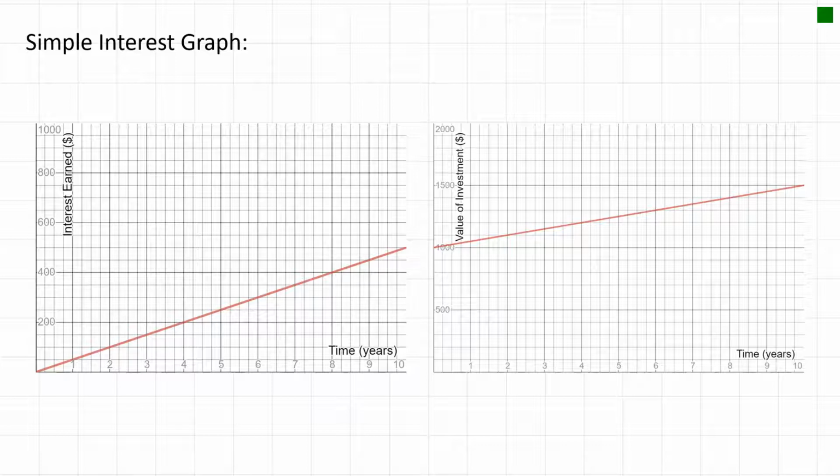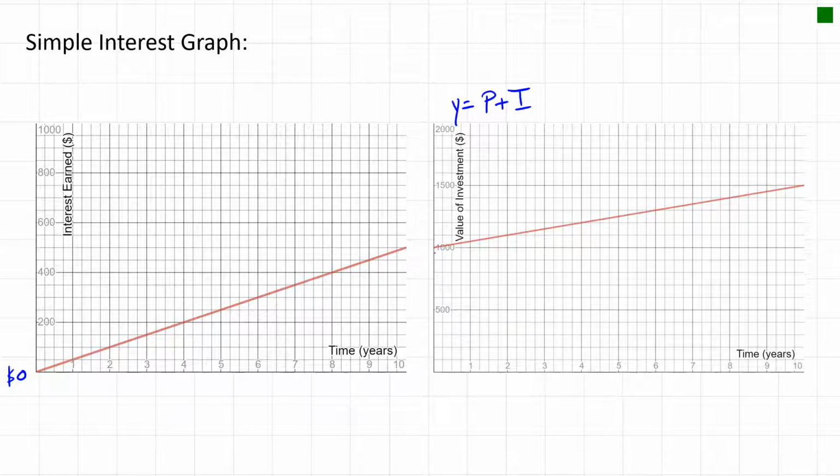So keep in mind that this first graph, on the left here, is the graph we were just looking at. This starts at $0 because the interest that you've earned at 0 time is $0. And so it goes up from $0 slowly. But if we look at the value of the investment, so in the second graph, the y-axis is equal to principal plus the interest.